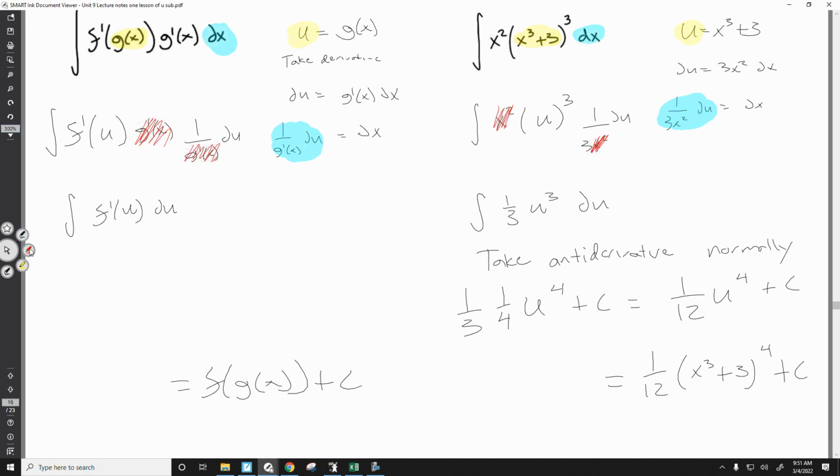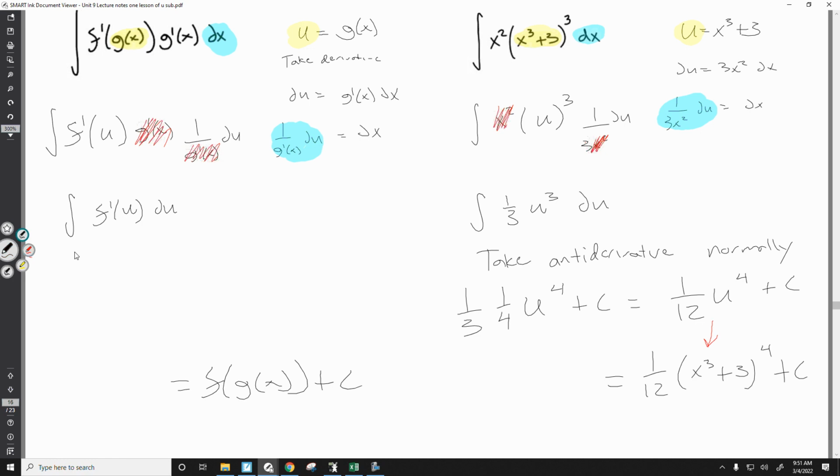Do you see how that then can turn into 1/12 (x cubed plus 3) to the fourth plus c? This step-by-step method got us the 1/12 that we kind of conceptually got through our understanding of the chain rule.